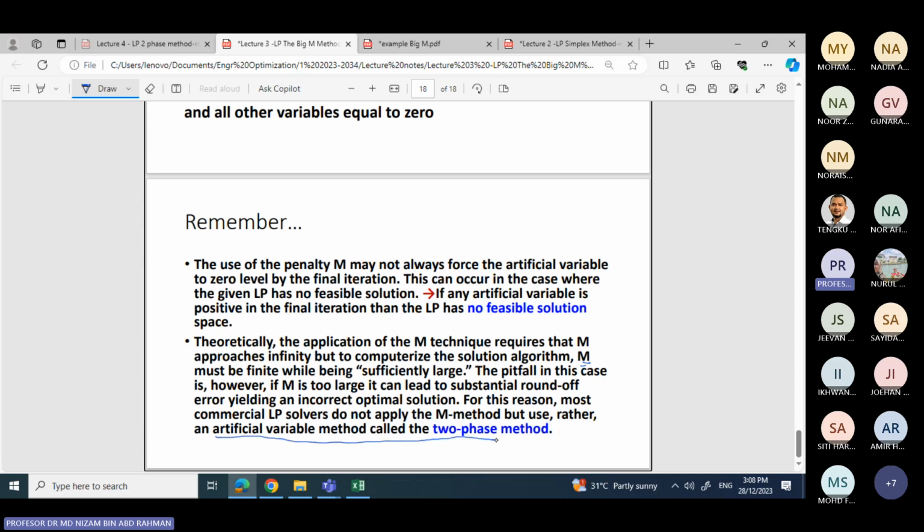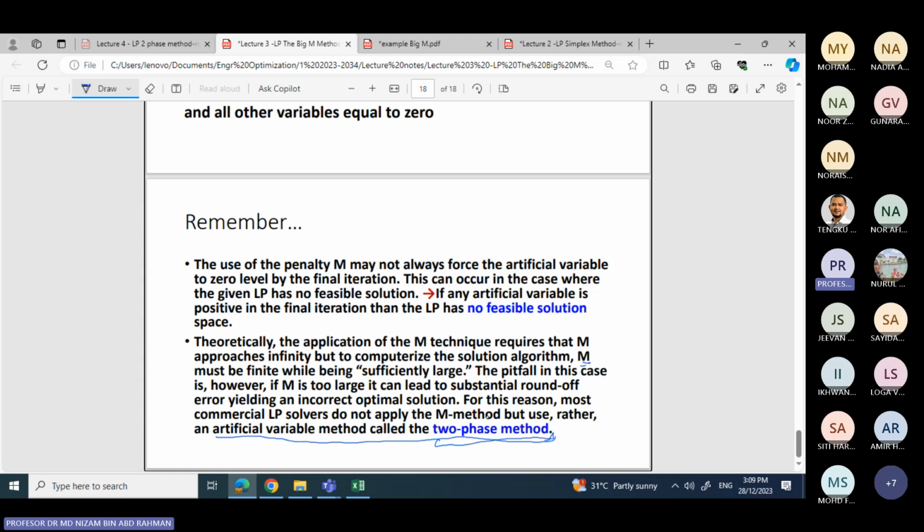So the other method that can be used to solve the linear programming problem whenever there exist artificial variables in the constraints is the two-phase method. And most commercial linear programming solvers, including the Excel solver, use the two-phase method.